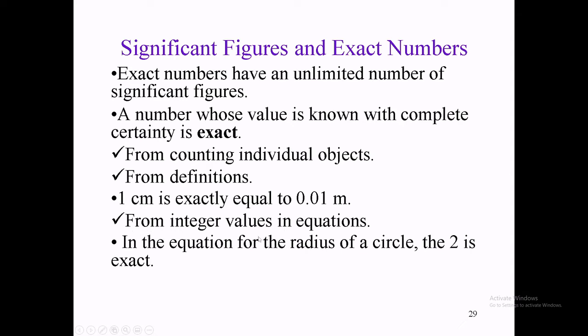And an example of this is going to be the integer values that you see in equations. For instance, in the equation of the radius of a circle, the radius is equal to the diameter divided by 2. Now this is, again, a confusing thing, because we're just writing a 2 here.